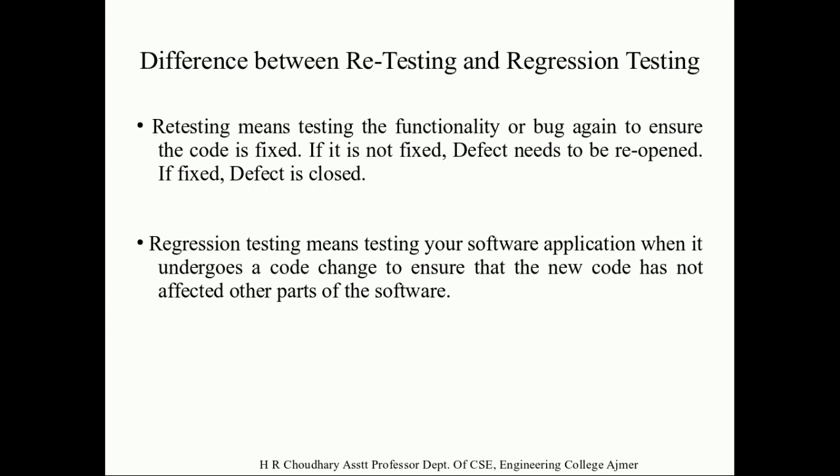So in retesting, we got an error or a fault in the software, we rectify that fault, and then again we send the software for retesting, and if it is okay, then it is ready for deployment. That means when we get a defect, we go for retesting.